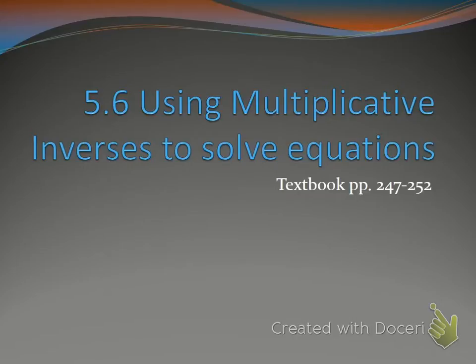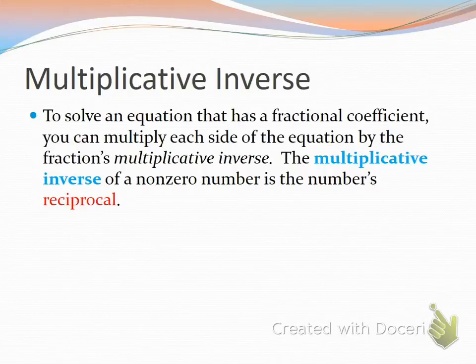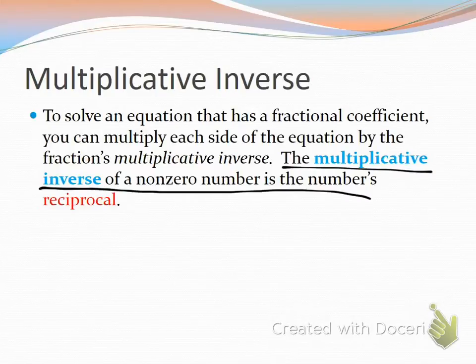We are in section 5.6, using, here's a big fancy word, multiplicative inverses to solve equations. All right, multiplicative inverses. You do not have to write this entire definition. Here's what I want you to write. The multiplicative inverse is the number's reciprocal, and that should be familiar to you.